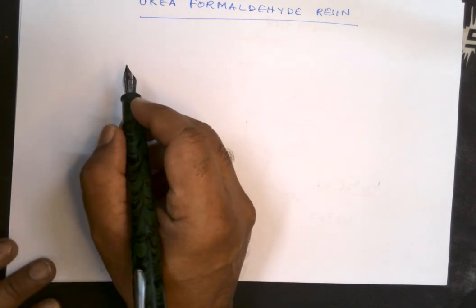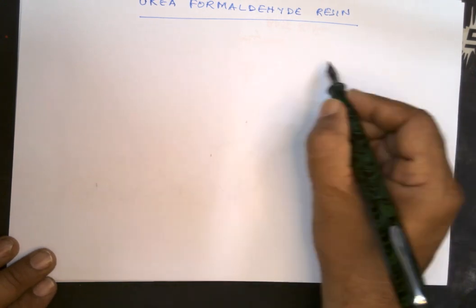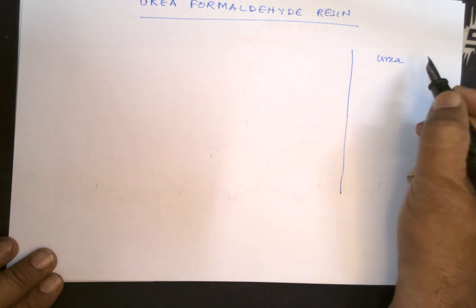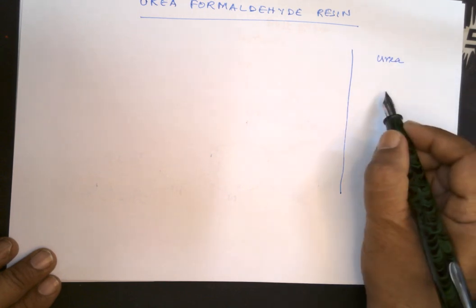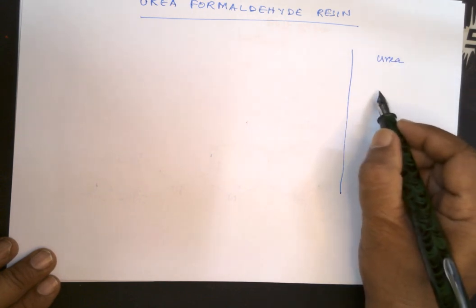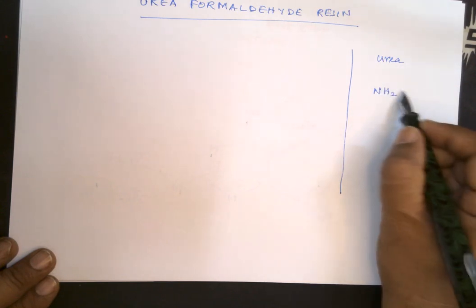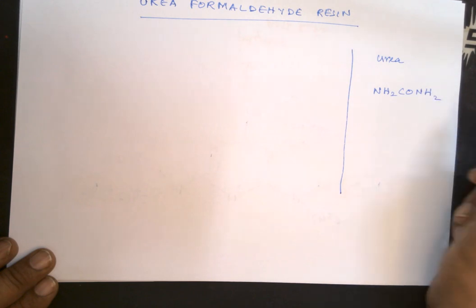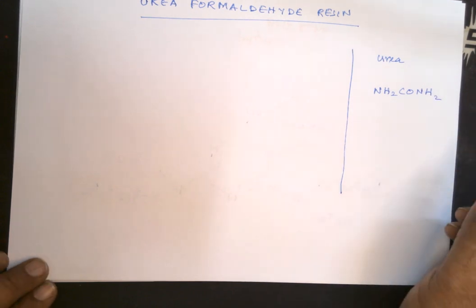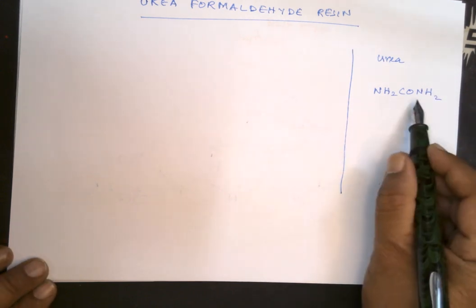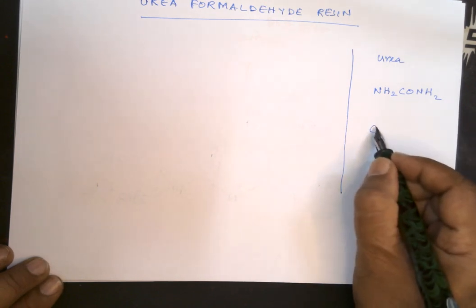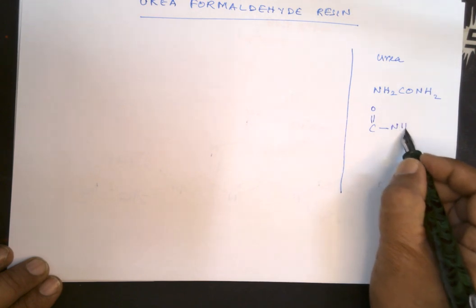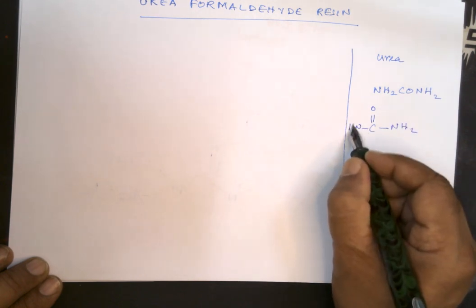Now urea. First of all, let me explain about urea. Of course, this was used as a fertilizer, and here NH2 CO NH2. In fact, this is the first man-made organic compound, NH2 CO NH2, and this can also be written like this: C double bond O with NH2 and NH2.